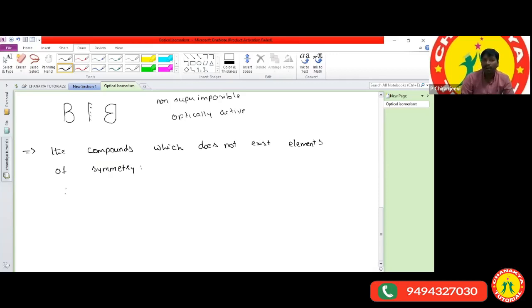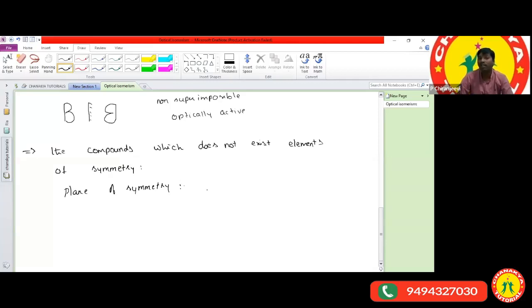One is called a plane of symmetry. We call it a plane of symmetry if you divide it in any direction, in any plane, and you get two equal halves.